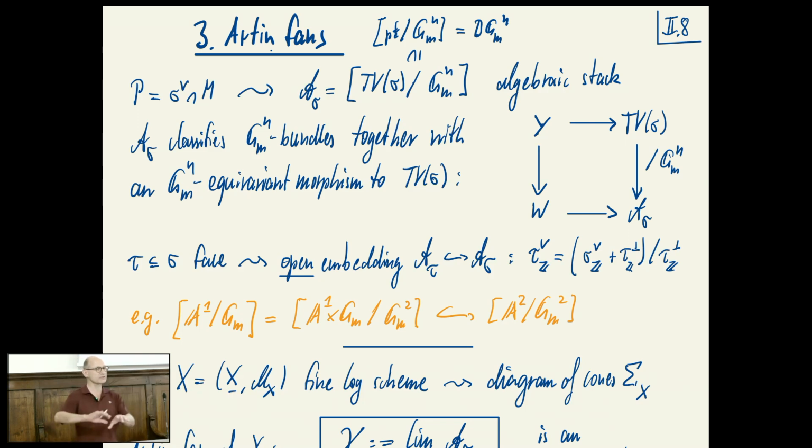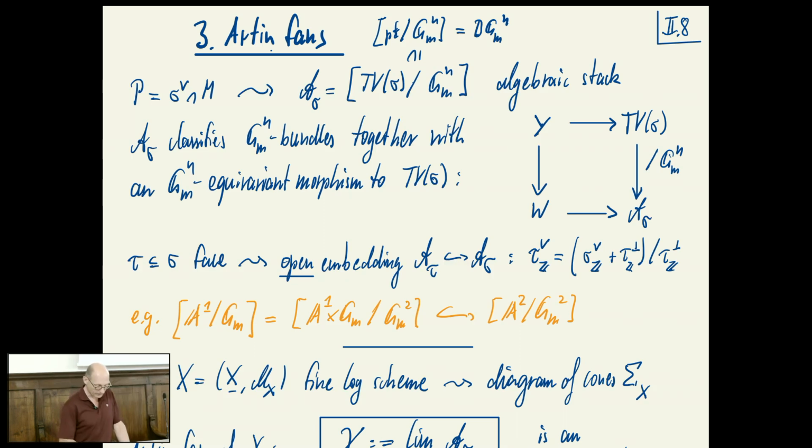It's the origin, but each stratum is a copy of BG_m to the N's glued together in some funny way. Okay, that's the gadget. And we will learn that this actually is essentially a tropical space. I'll give you a statement that will show that this looks like an algebraic stack, but it's actually a very, very tropical object.